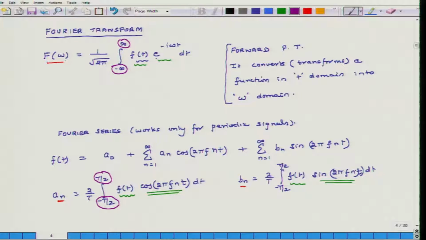And what is the time period of this signal? It is infinite. So in a sense this expression for the forward transform looks similar to this thing. The other thing, of course, is that I have this integral here and the same integral is there also. Okay. So in this sense this forward transform expression looks similar.